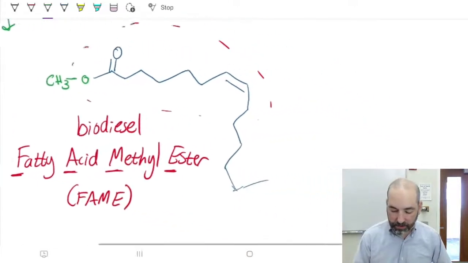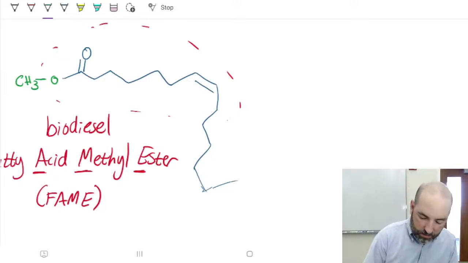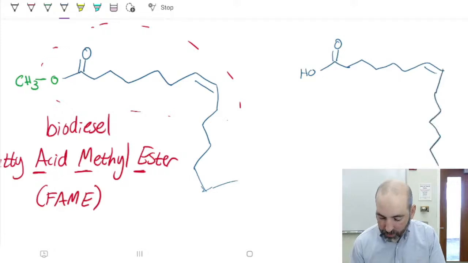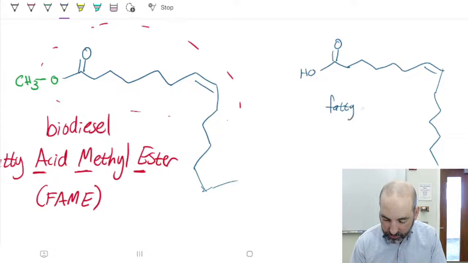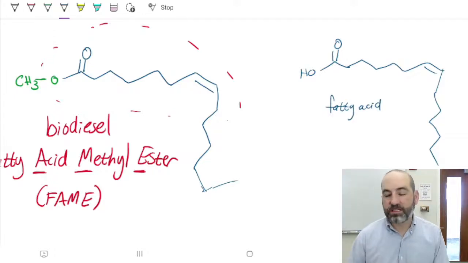So just a couple things to note on the structure here. Why do we do all of this instead of just using the fatty acid? So here's the fatty acid, and then over on the left we have the fatty acid methyl ester. What's the difference there?